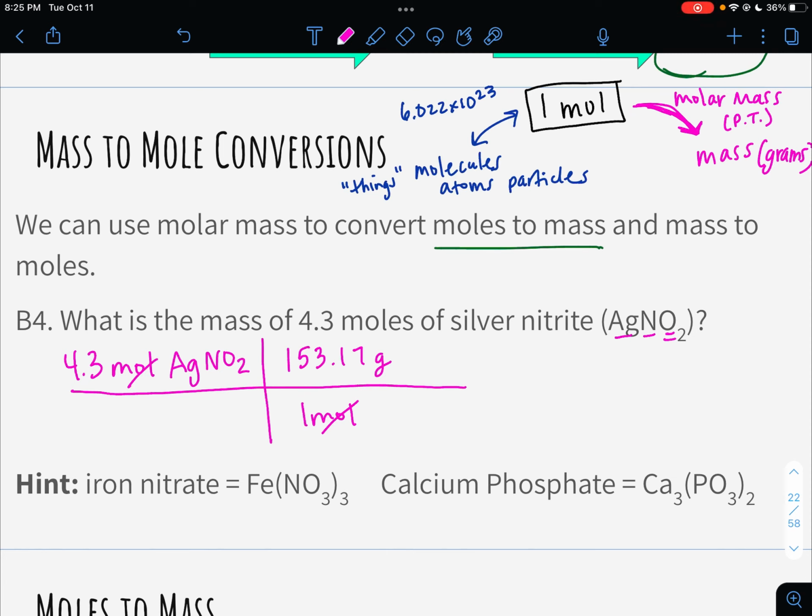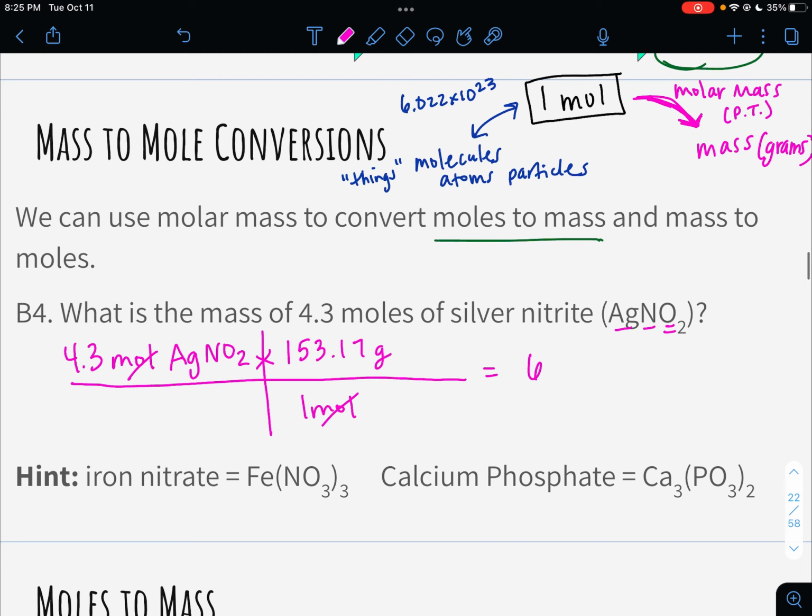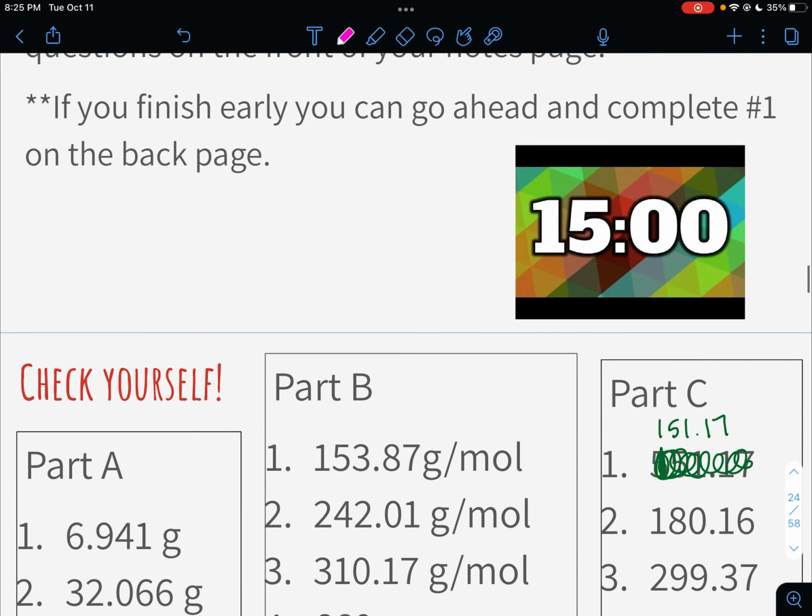Now my moles have canceled out, and in my calculator, all I have to do is multiply the top. So we'll take 4.3 times 153.17, and that seems like it's a little high, but I don't have a periodic table in front of me.